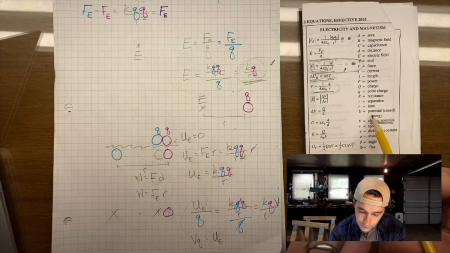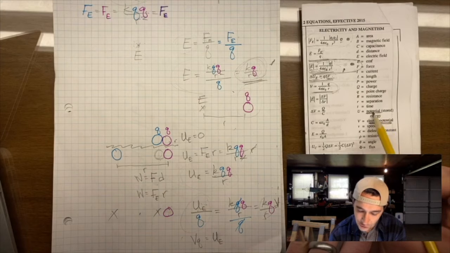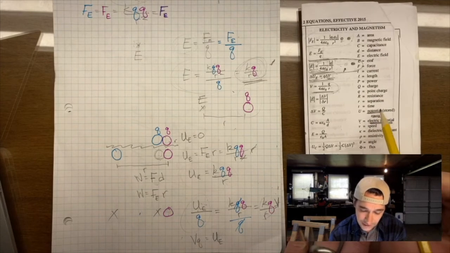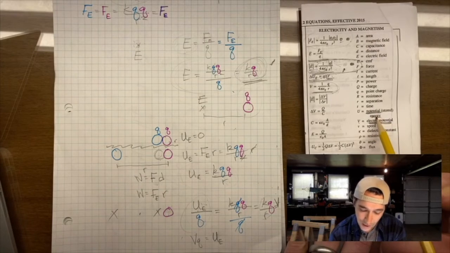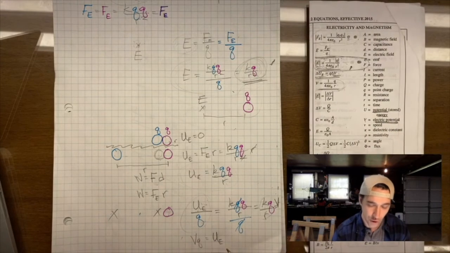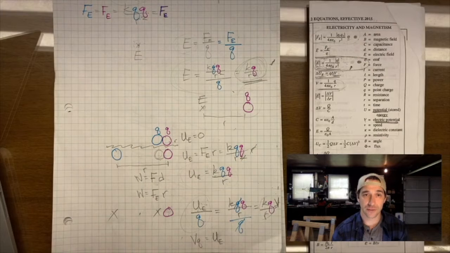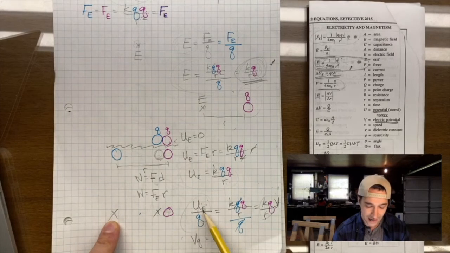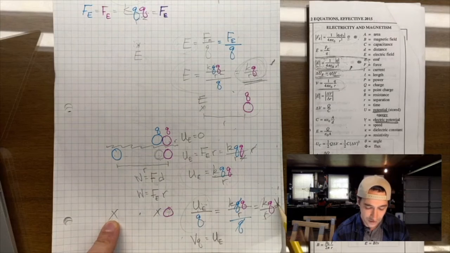U is potential energy. They're different. Electric potential is how much potential energy you have per unit charge that's placed in that electric field. So if this Q was a really big Q, you'd have a lot of potential energy, but your V would be the same.